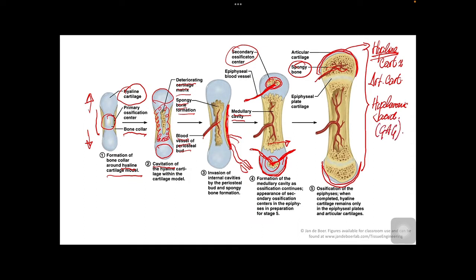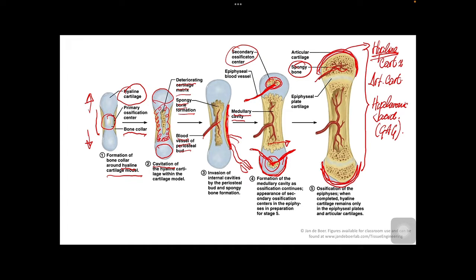We will talk about what GAGs are and why they are important in the metabolism and in the engineering of cartilage. This articular cartilage is very important because it serves as a protection to the bone at both ends.